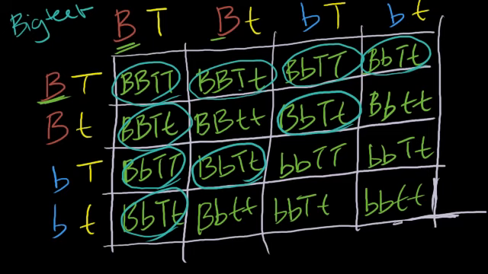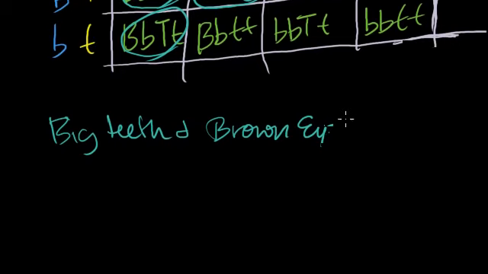So how many of those do we have? We have 1, 2, 3, 4, 5, 6, 7, 8, 9 of those. So we have 9 brown eyes and big teeth. Now, let me write a different color.